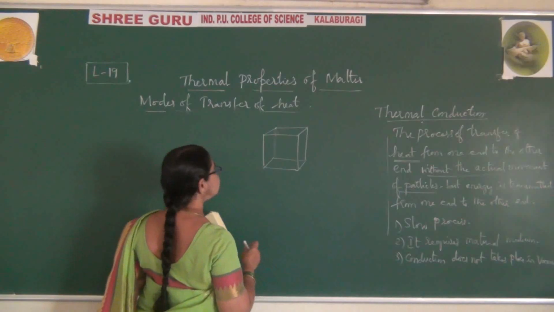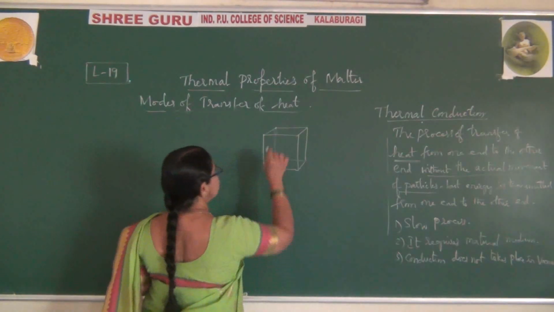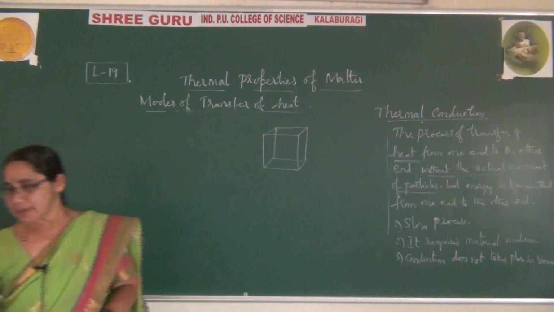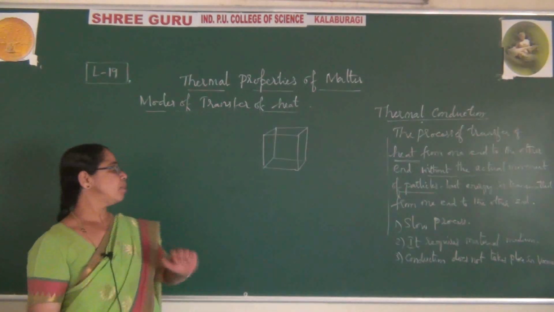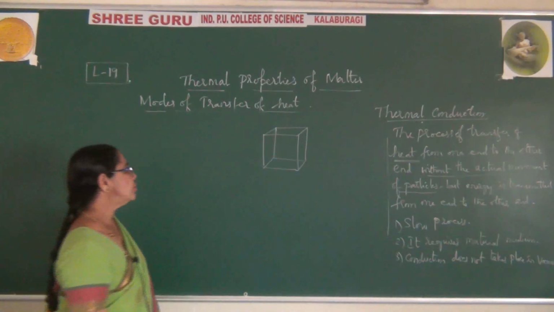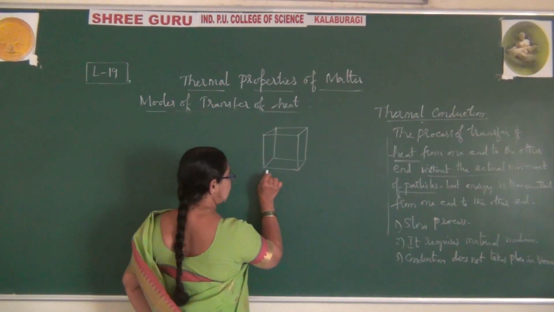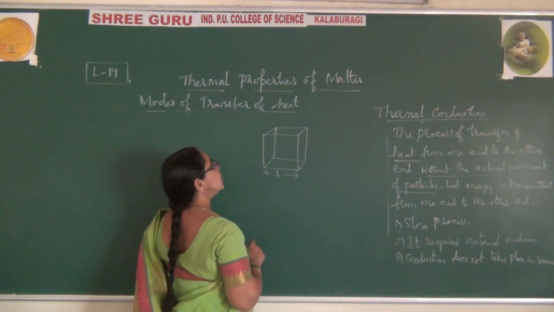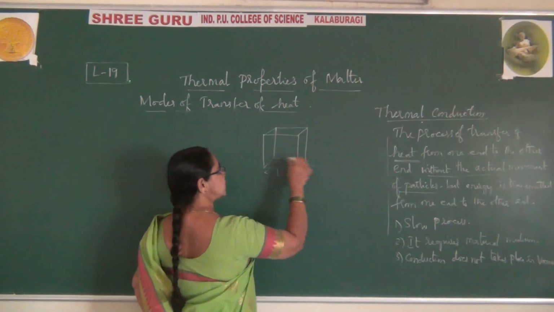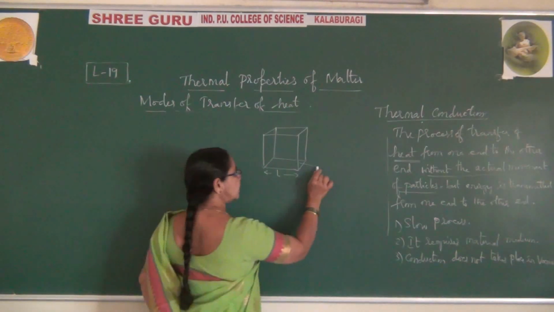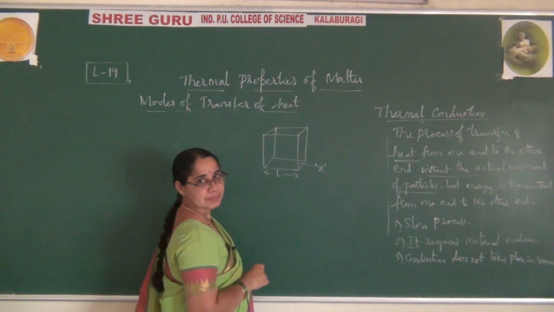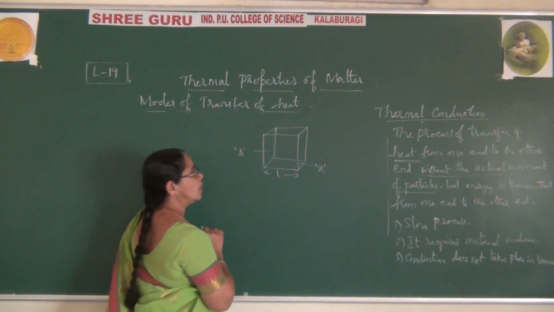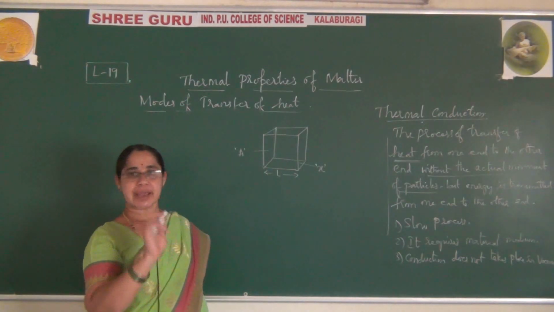Please observe this rectangular block, a cube. Let me say the length of this cube is L. The thickness of the cube is taken as X. The area of cross section of the cube is A.